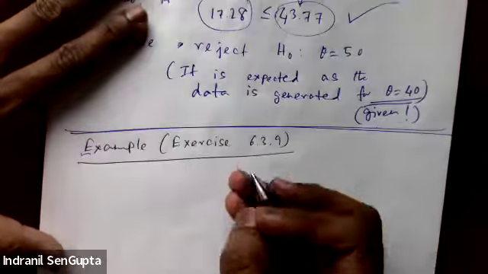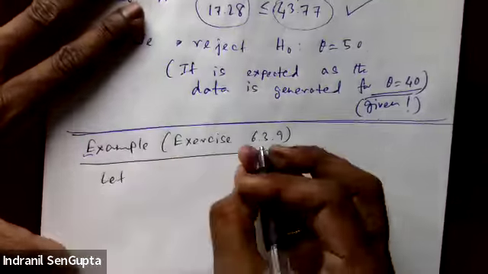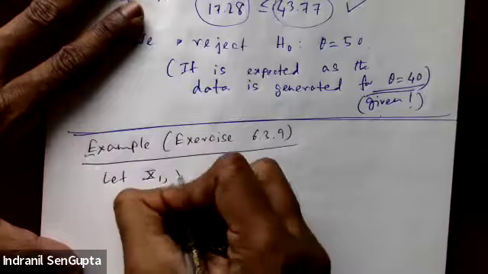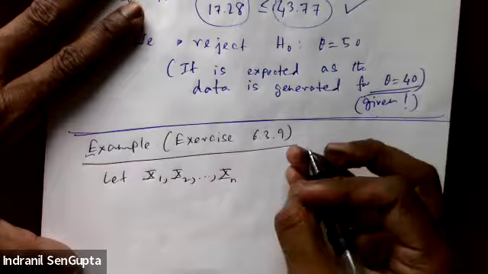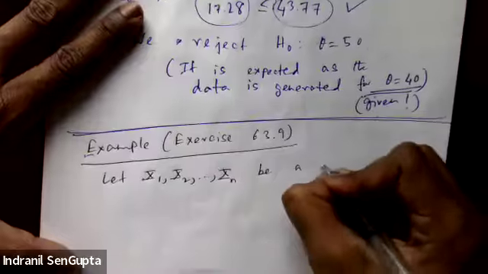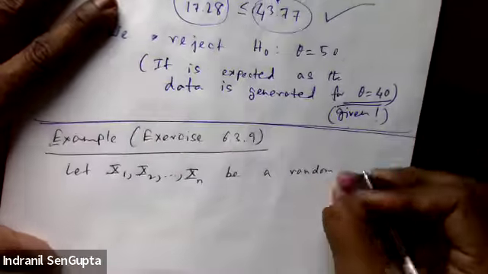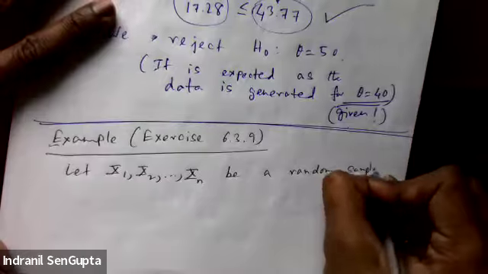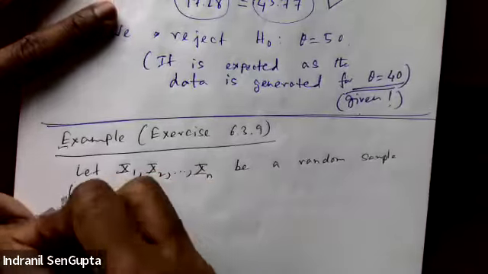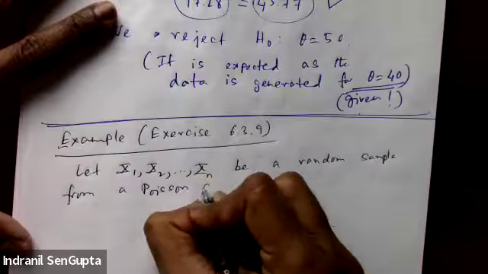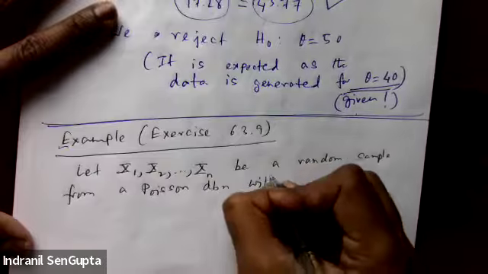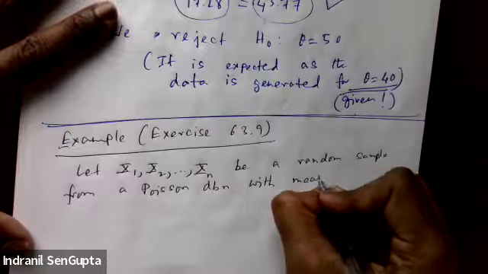Let X1, X2, ..., Xn be a random sample from a Poisson distribution with mean theta.